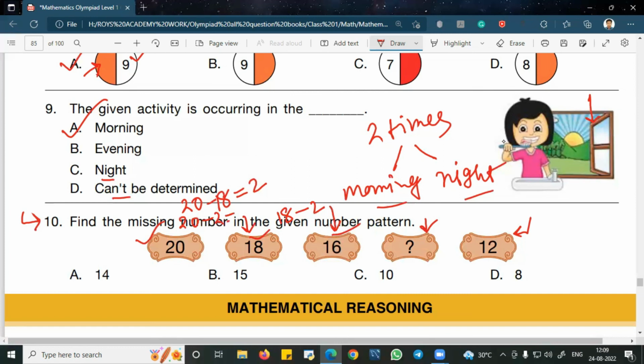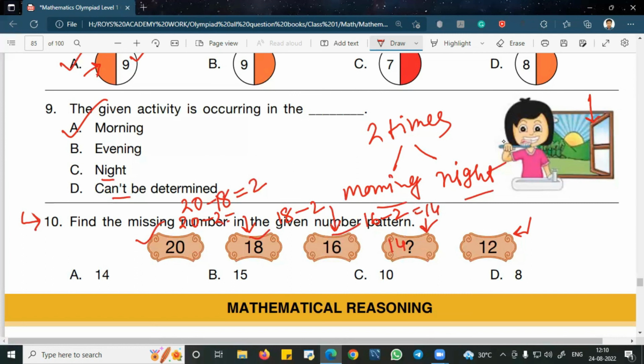Now we have to find what goes in the question mark. So 16 minus 2 gives us 14. In this place, 14 will be the answer. To check if it is right or wrong, we recheck our value.